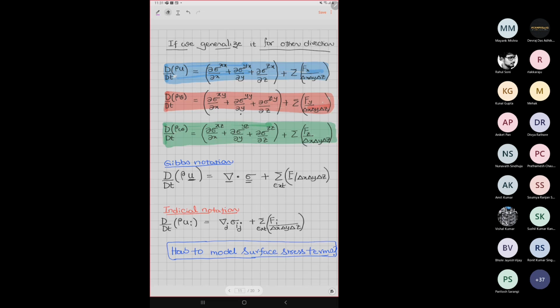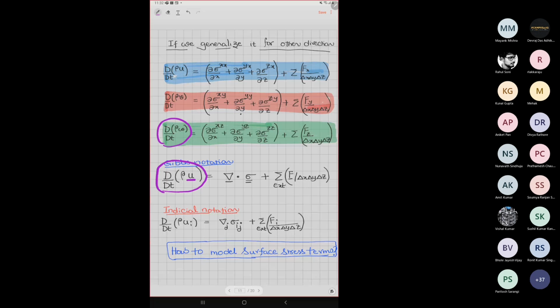Now you will see the advantage in looking at either Gibbs notation or indicial notation. The formulas look very complicated and ugly. If I would like to really write it in Gibbs notation, very shorthand notation, this entire thing, I can write it d by dt of rho u bar, the vectorial quantity.